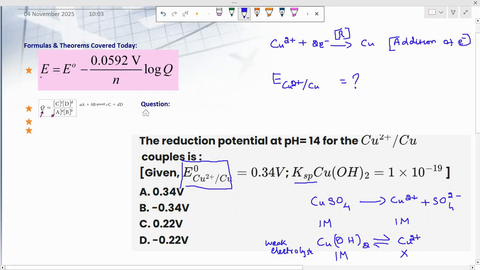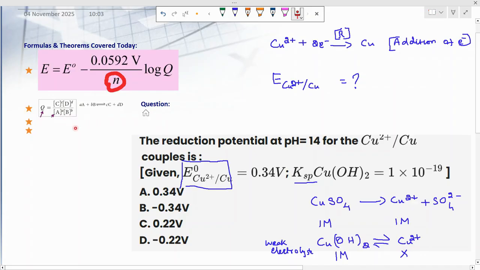So look at this. This formula is having EMF. They are asking this part, and the given part will be the standard one. And then 0.0591 is actually for the unit, and then n, the number of moles of electrons transferred, and log Q. Q is the reaction quotient.